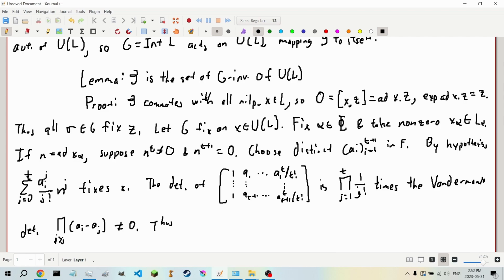Thus, we can find scalars bi, 1 to t plus 1, such that n is the sum of bi times the exponential of ai n.